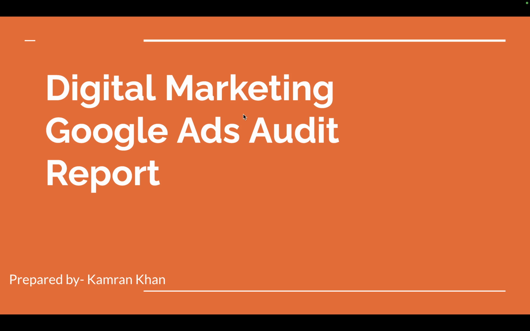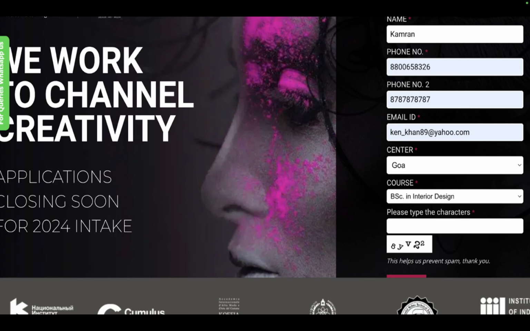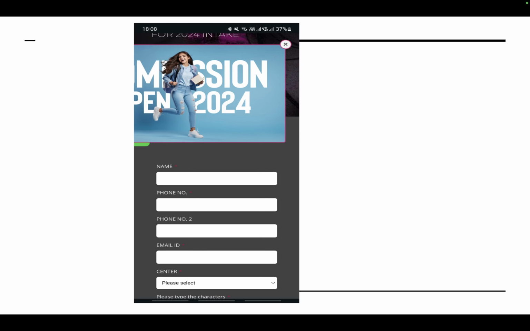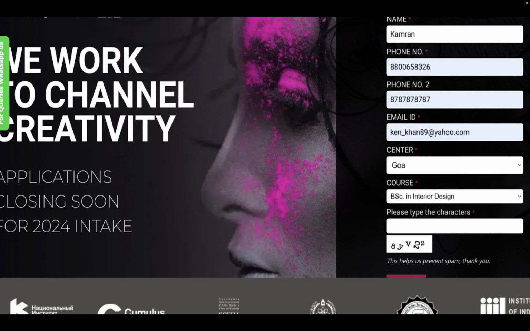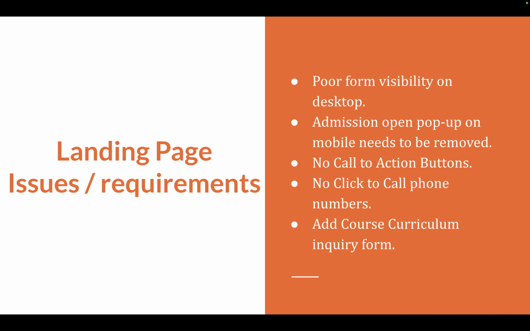When I talk about auditing, your client is looking to know how exactly you can improve the business. So let's say you have a website which can look something like this, or a mobile interface of the website. First of all, you have to go through the entire website. After going through the website, you have to go through the entire account.